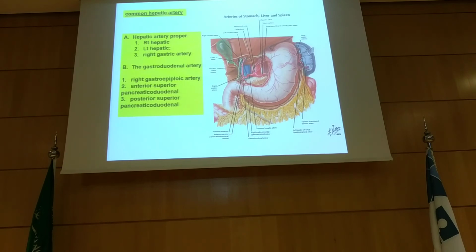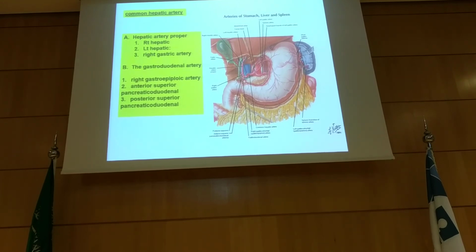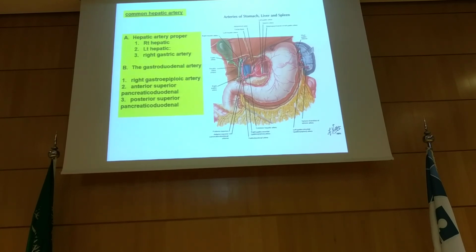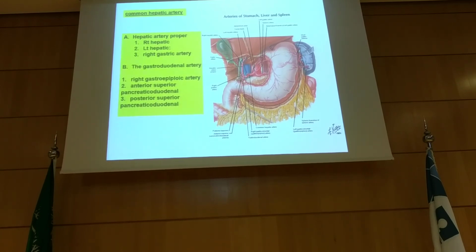Why do we call it common? Because it's going to divide into the hepatic artery proper and the gastroduodenal. The hepatic artery will give us right hepatic, left hepatic, and the right gastric. So now we have left gastric, right gastric, left gastroepiploic. What about the right gastroepiploic? Where is it going to come from?